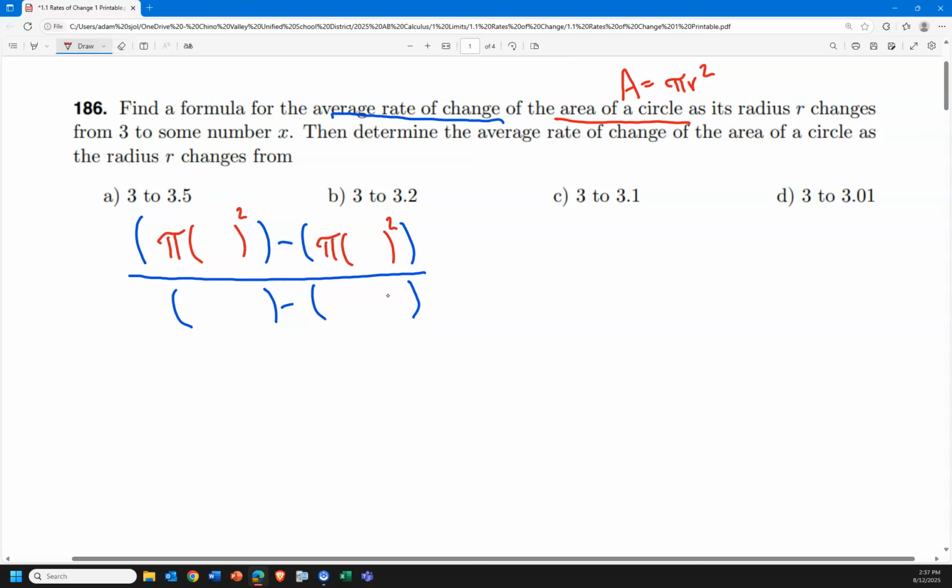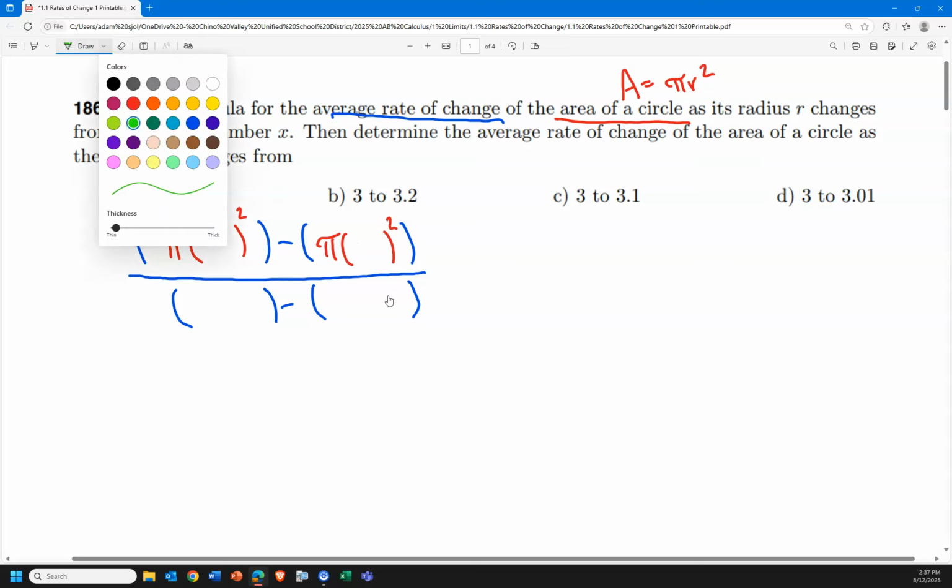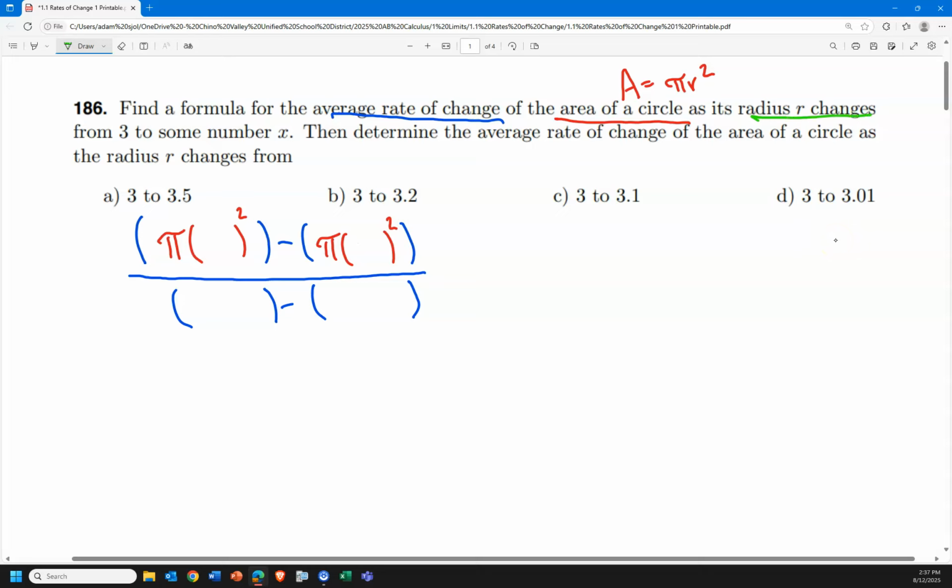Next color. As its radius r changes from 3 to some number x, the radius starts at 3 and ends up at x. So maybe I should give this a label.